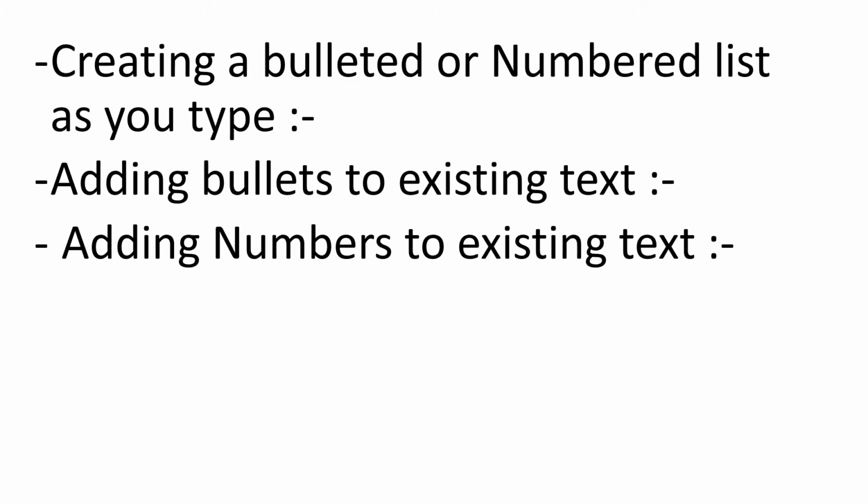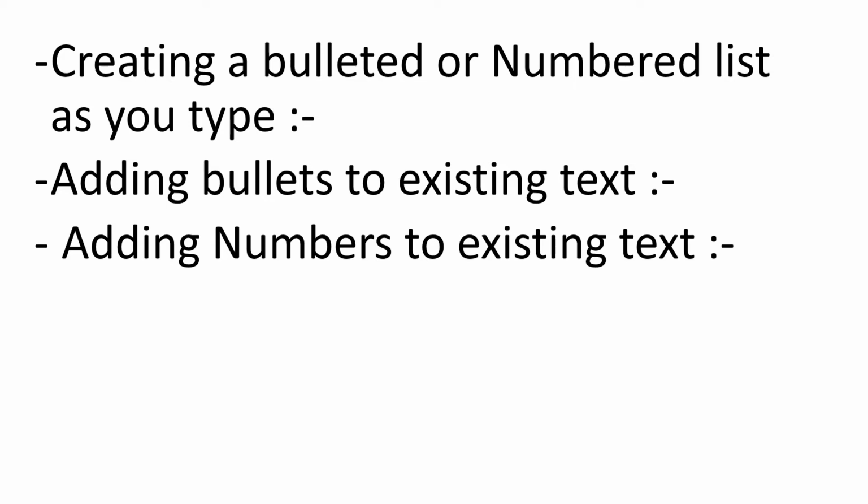Now we will see how to create a bulleted or numbered list as you type. Then we are going to see about adding bullets to an existing list and adding numbers to an existing list. First we will see how to add bullets or numbers when you type the list, and we will also see how to add the bullets or numbers after creating the list.